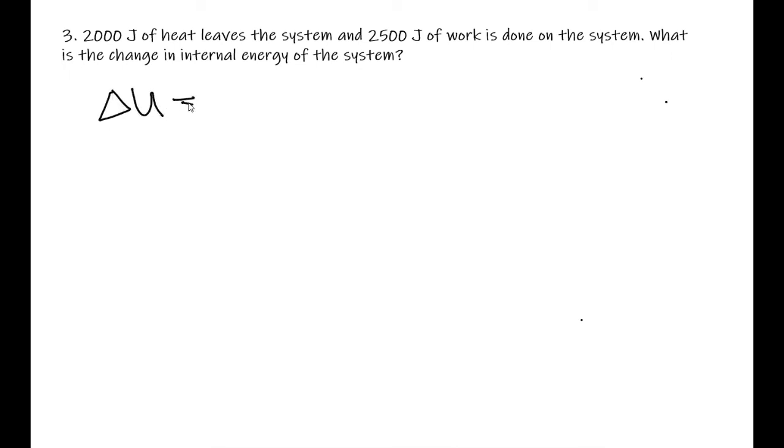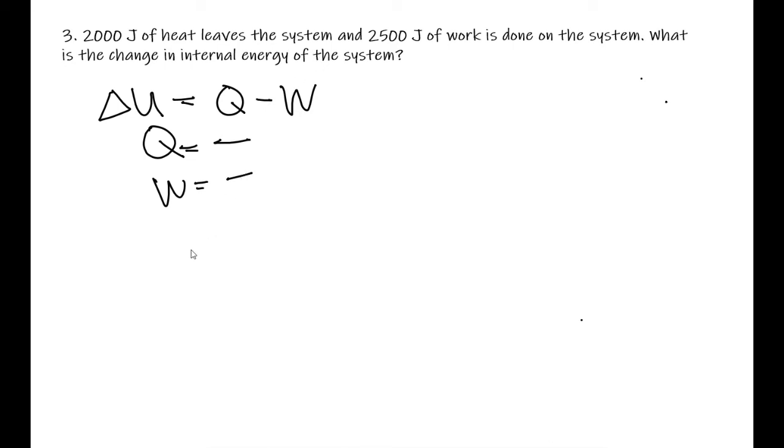So delta U equals Q minus W. We know that if heat leaves the system, Q is negative, and since work is done on the system, work is negative.